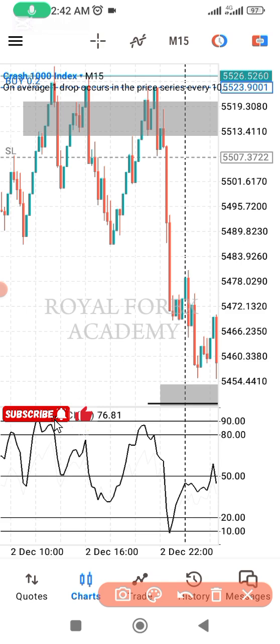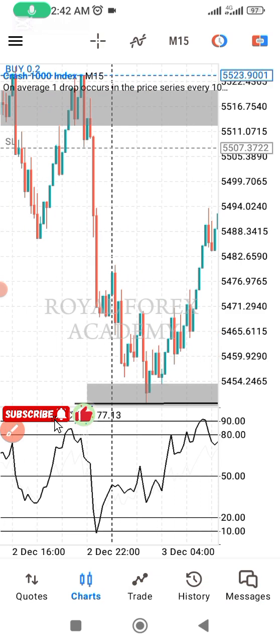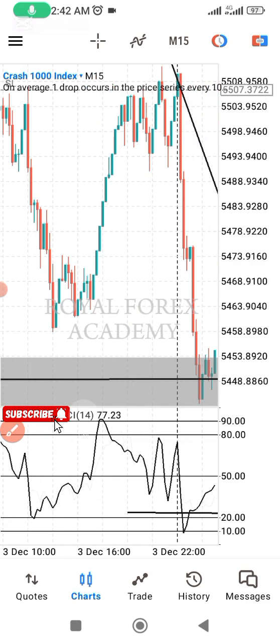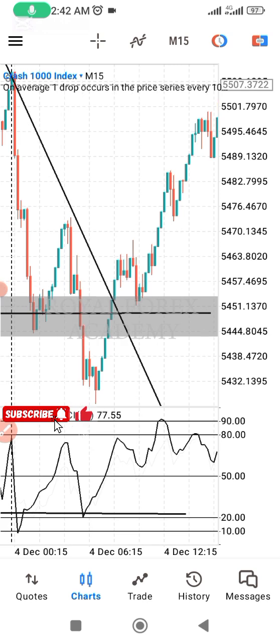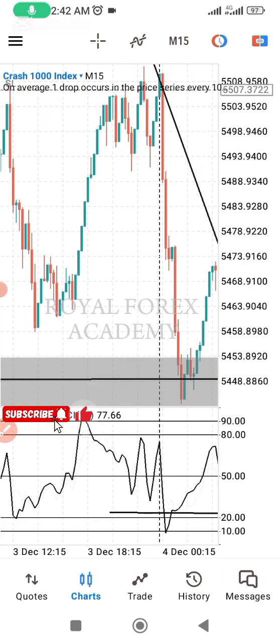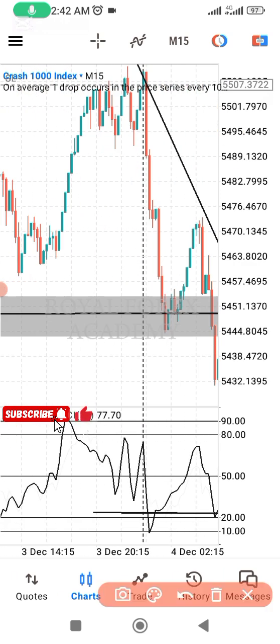So this is how it works. I've taken so much time, and the essence of this is to explain in detail for us how it works. You can see this flag pattern playing out, this W pattern playing out, all of this, and then look at this as well before this sell, and this divergence is obvious at this point.